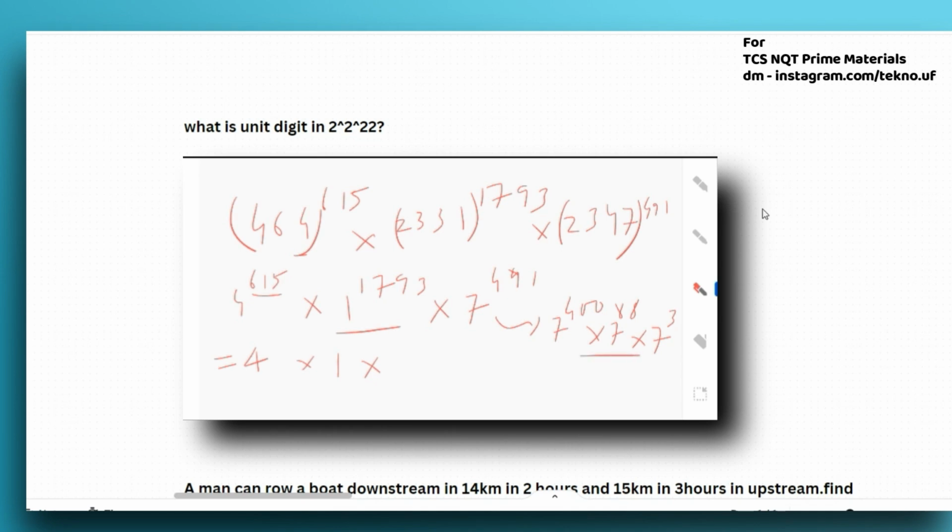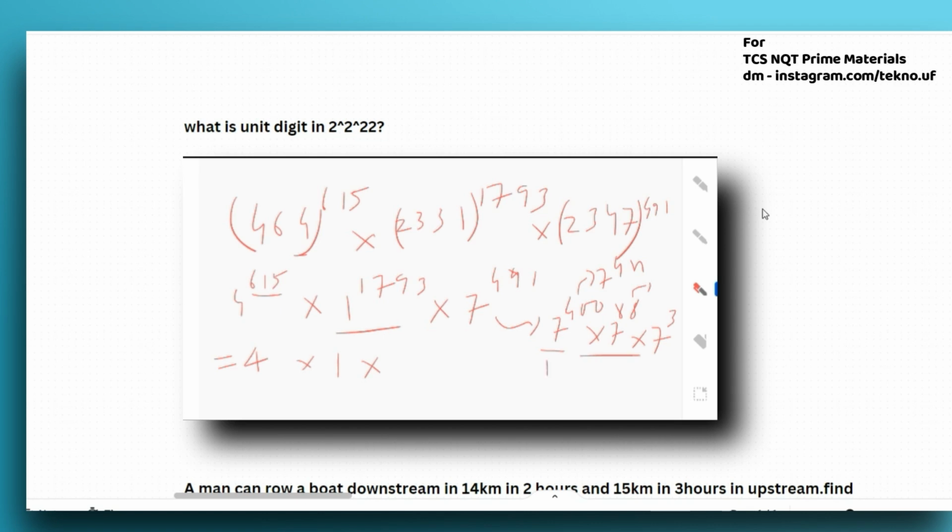So 7 to the power 400 is in the form of 7 to the power 4n, right? 4n means 4 into 100, and this 88 can also be represented as 7 to the power 4 multiplied by 22, so this is also 7 to the power 4n.